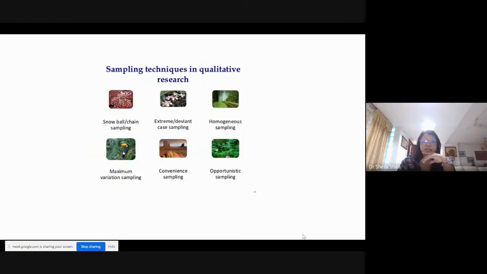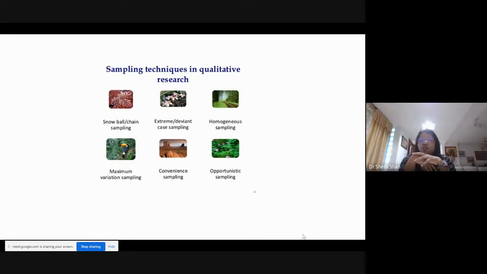So we have sampling techniques here. Snowball sampling, friend, like that. You are studying alcoholics. So this alcoholic will recommend another friend who is also an alcoholic. That one is called snowball sampling. Case sampling, homogeneous sampling, maximum variation sampling, convenience sampling.